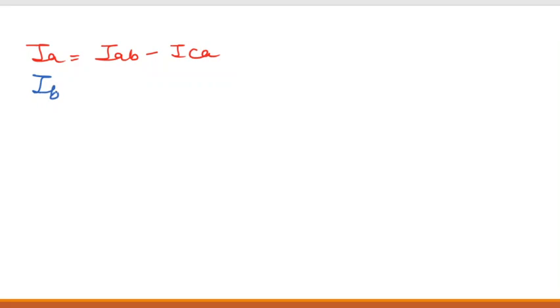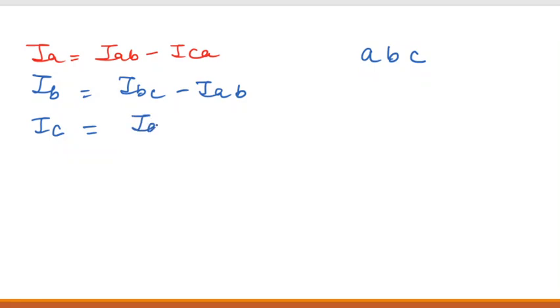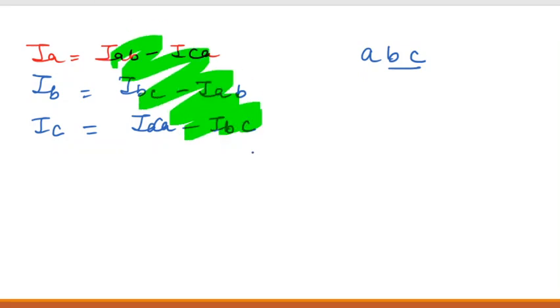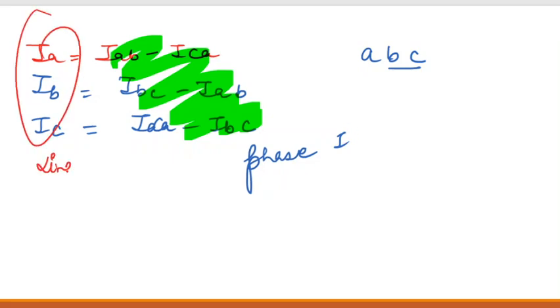Similarly, IB is IBC minus IAB, ABC sequence. So IC is equal to ICA minus IBC. So these are the phase currents, these are the line currents.